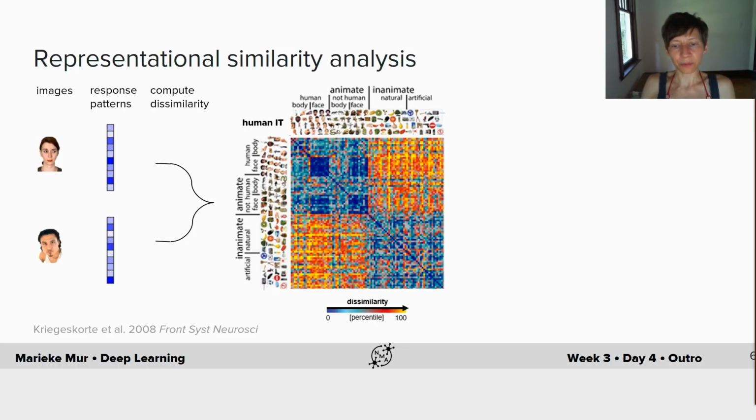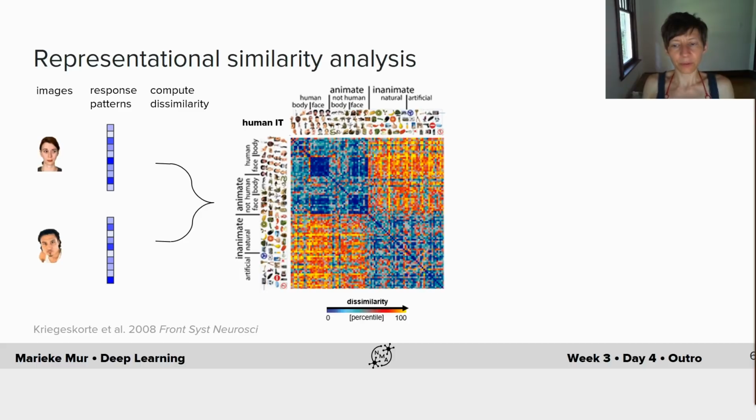Whenever a pair of objects consists of an animate and inanimate object, we see high dissimilarities as indicated by red and yellow colors. The matrix shows which stimulus information is emphasized and which information is de-emphasized by a particular brain region, and thus characterizes how the region represents the stimuli. We refer to this matrix as a representational dissimilarity matrix, or RDM.